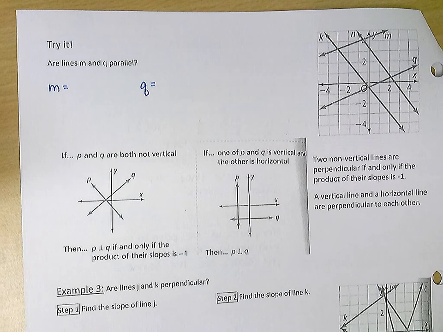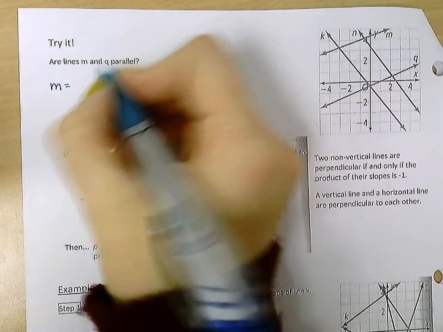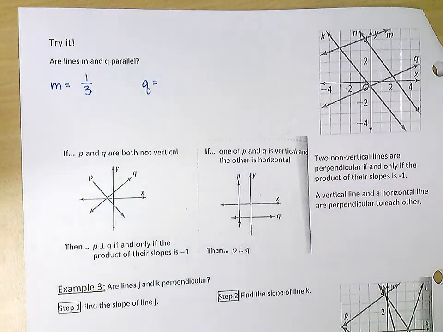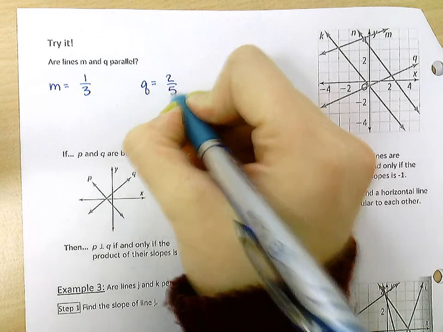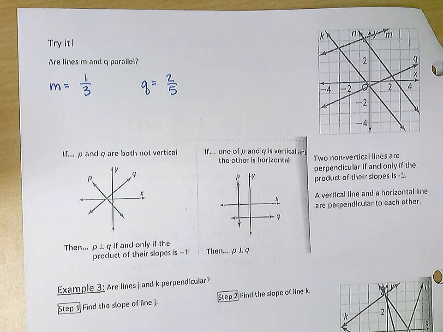All right, what is the slope of line M? What is that slope? 1/3. What is the slope of line Q? 2/5. Are these lines parallel? Why?